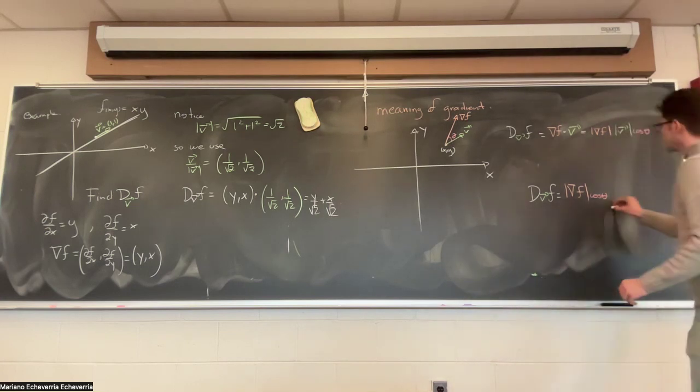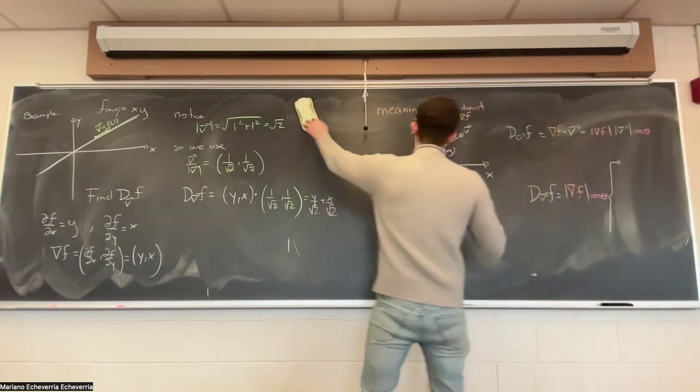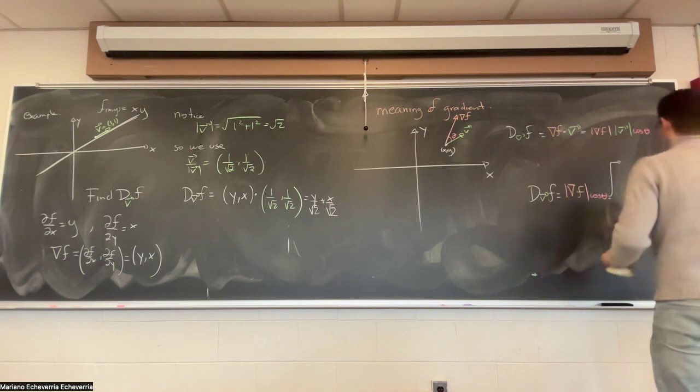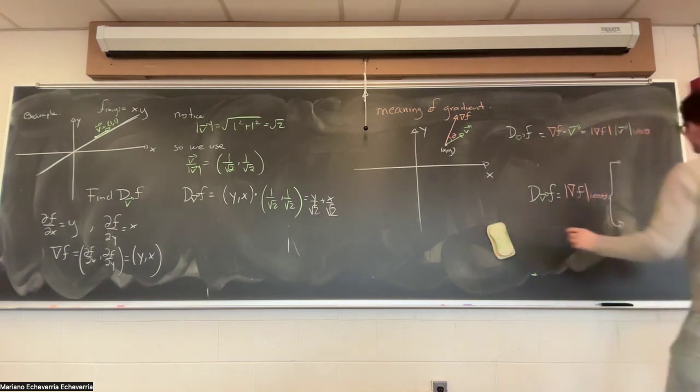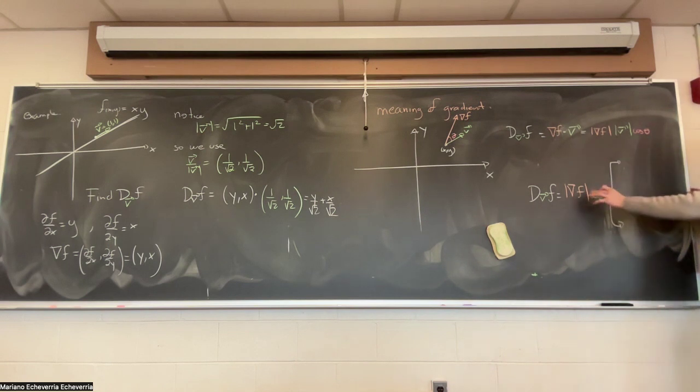So whatever this quantity is, because cosine is between -1 and 1, we know how large this directional derivative can ever be.